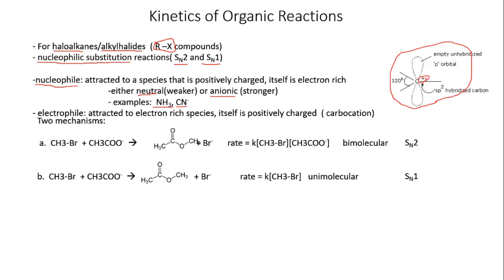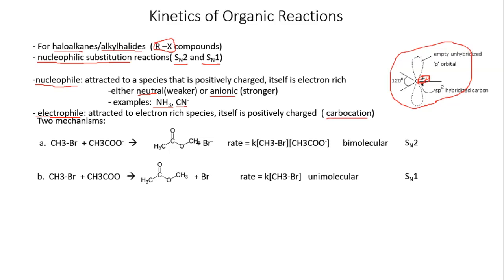And this is referred to as an electrophile. So an electrophile is looking for electrons. It wants negative charge, so it's attracted to negative charge. And again, the most common one that we use is the carbocation, a positive charge on the carbon.